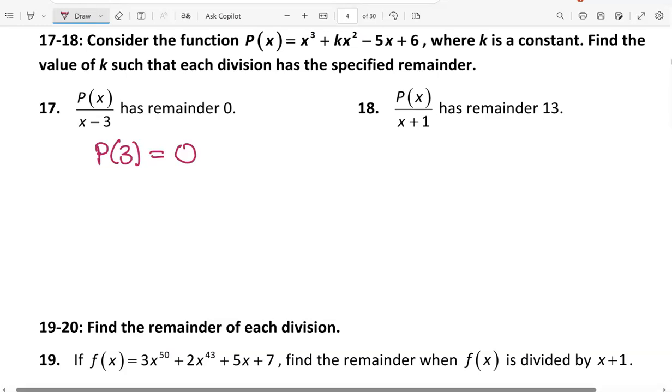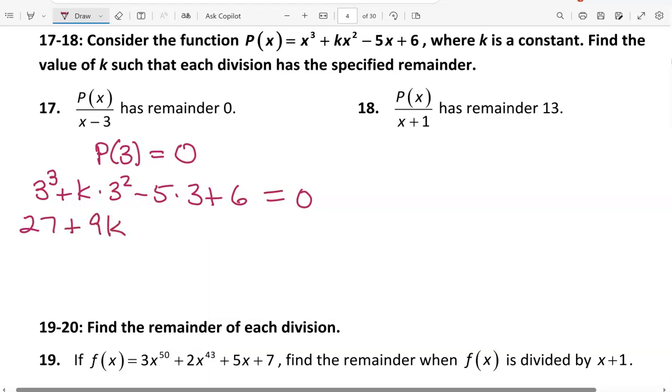Taking our function p of x from above, to find p of 3 is 3 cubed plus k times 3 squared plus negative 5 times 3 plus 6, and that should equal 0. 3 cubed is 27. 3 squared is 9, so that next term is 9k.